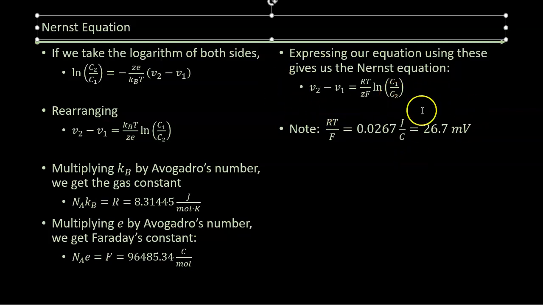This is very useful for looking at the concentration on various sides of a membrane based on a potential across that membrane. And this is going to be applied throughout the physics of the body and cells and nerves and everything else as we go through the rest of the book. All right, that's it for the Nernst equation.